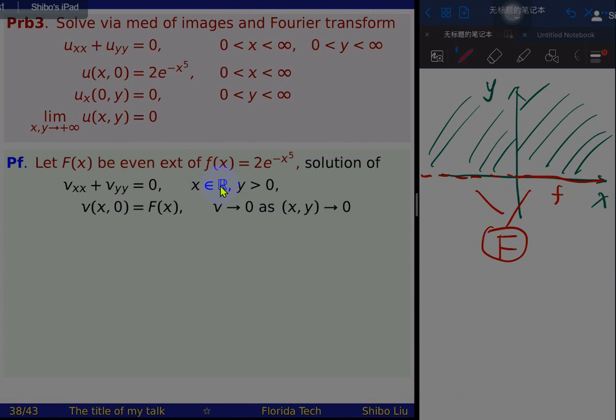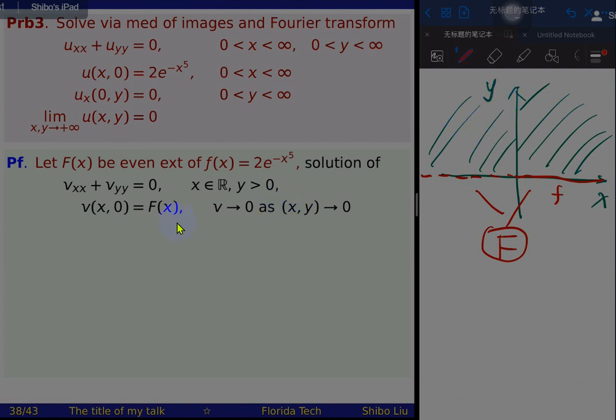Now x ranges over the whole real numbers. So this is a problem on the upper half plane, with capital F as the boundary value prescribed on the x-axis. That is the boundary of the upper half plane.